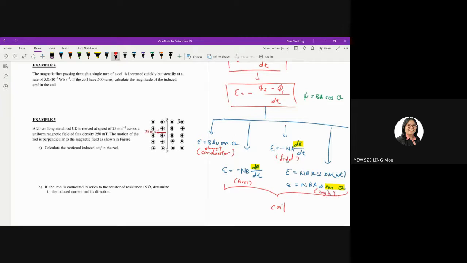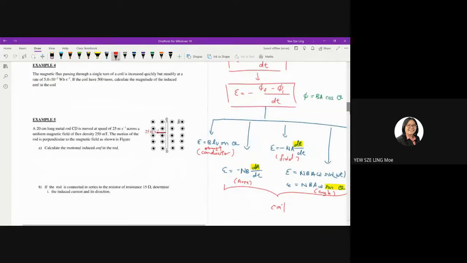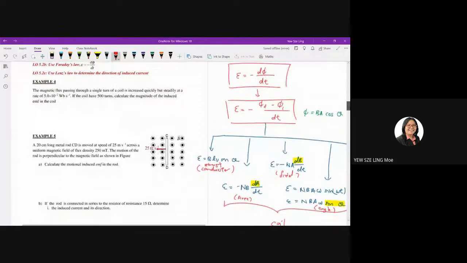So four equations, but they all came from the same equation, EMF equals negative dΦ over dt, which we call Faraday's law. Faraday gives you the relationship that EMF is proportional to dΦ over dt, and Lenz gives you this negative. When you combine the two laws together, it gives you these equations.